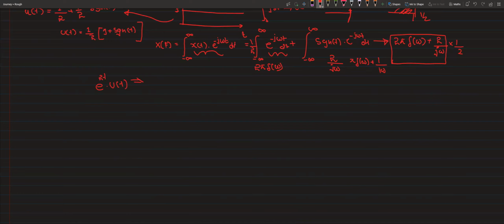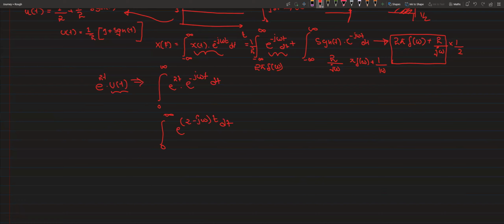The actual formula is integration from minus infinity to plus infinity, but since u of t is 0 to infinity, it becomes 0 to infinity e power 2t into e power minus j omega t dt. So this is a simple one. It will become 0 to infinity e power (2 minus j omega)t dt.